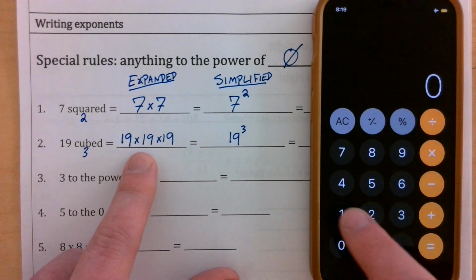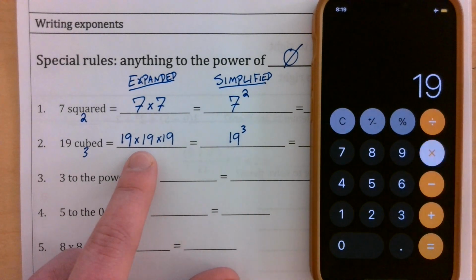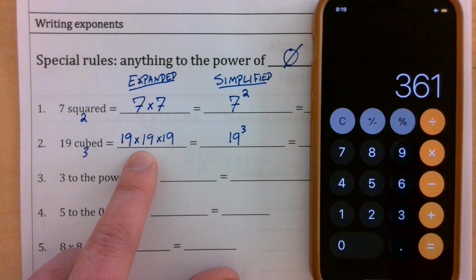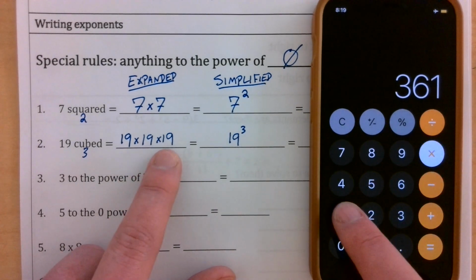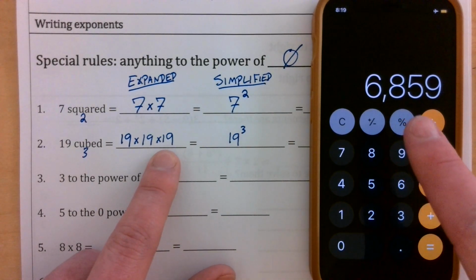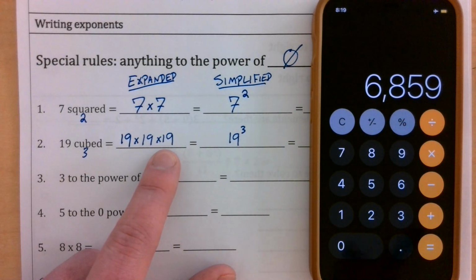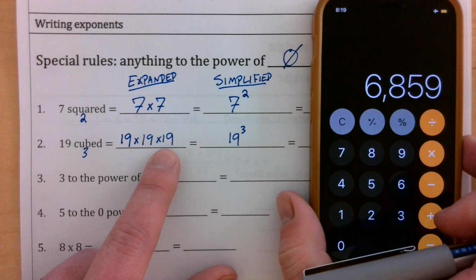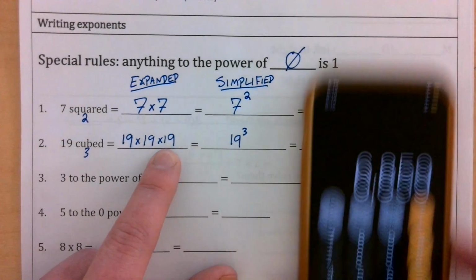So I'm just going to type in 19 times 19, 361. Now I'm not going to retype that in. I'm just going to hit times my last 19. Notice our number got really big really fast. Exponents get big really fast. So we have 6,859.